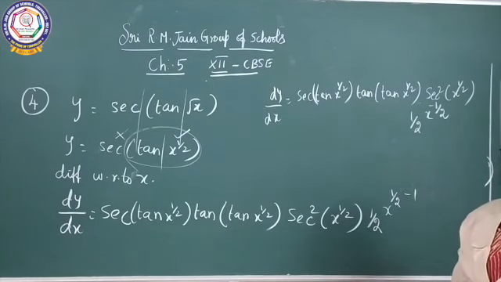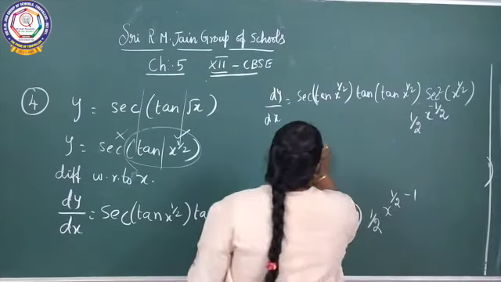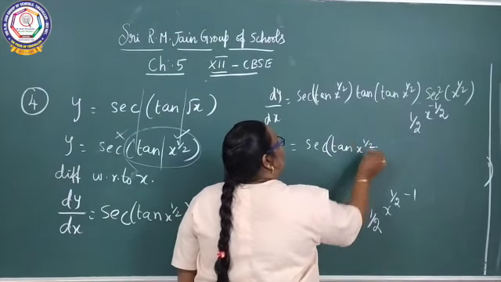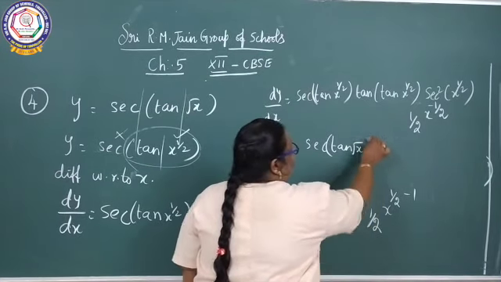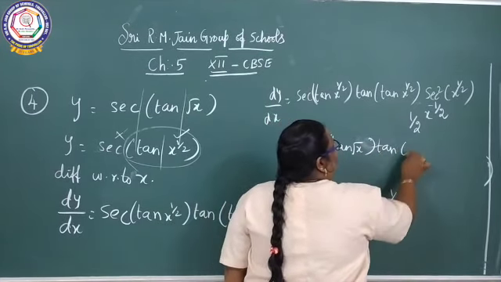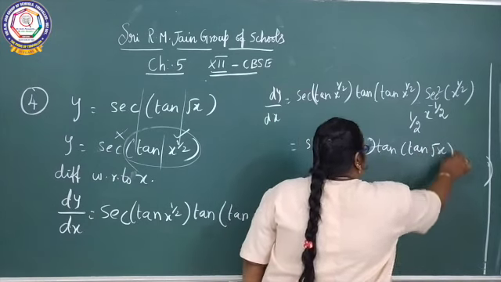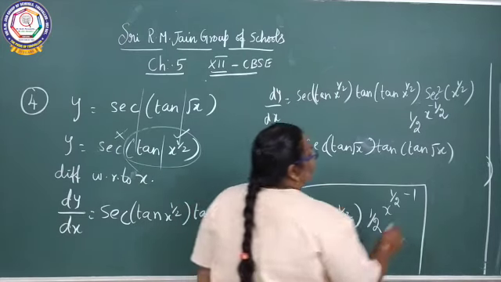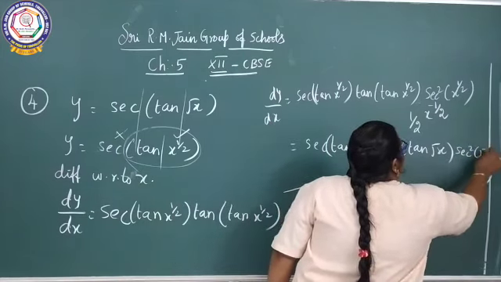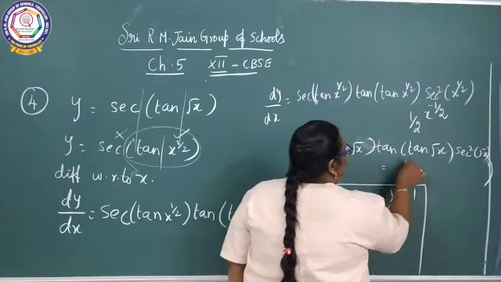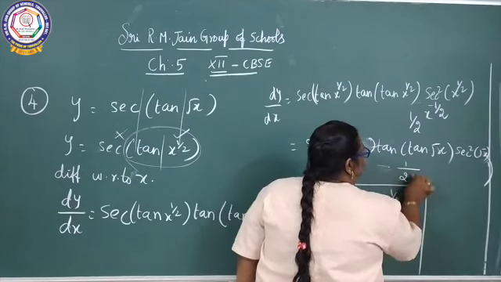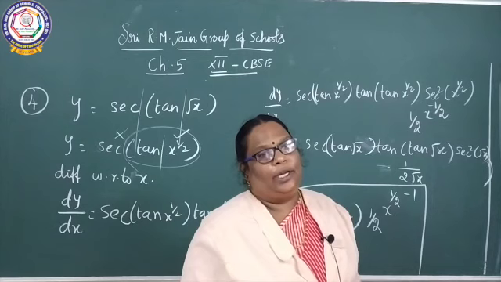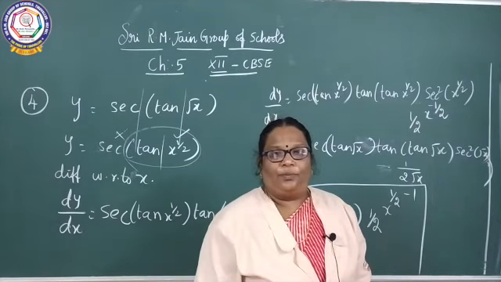Or you can write secant of tan root x, tan of root x, secant square root x into 1 by 2 root x. I bring the x power minus 1 by 2 to the denominator, and it becomes positive.